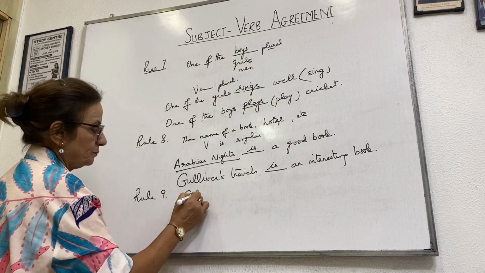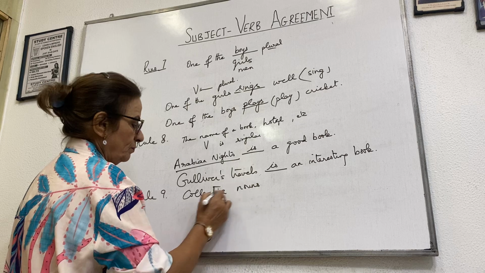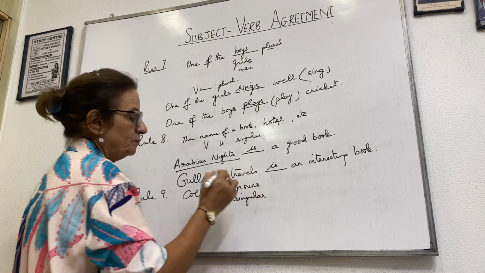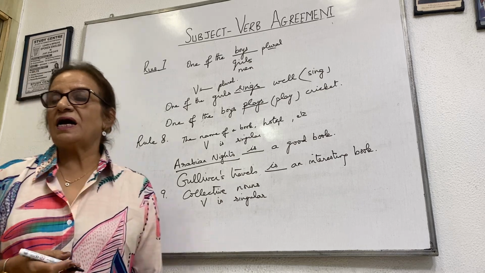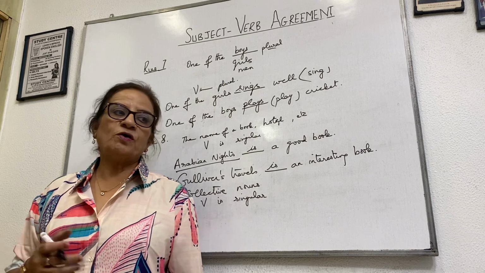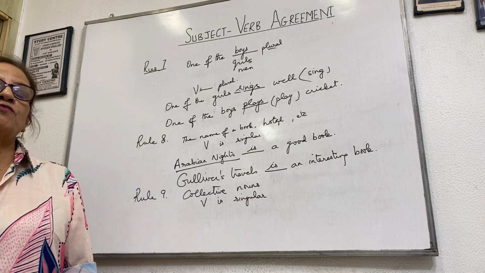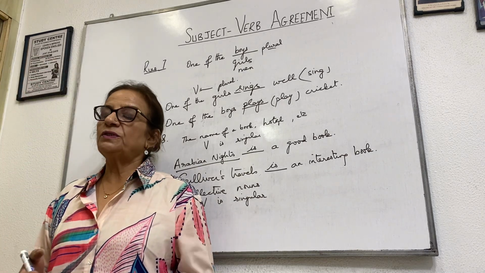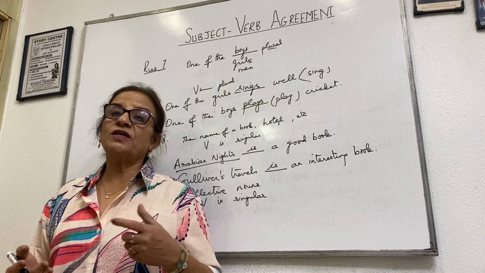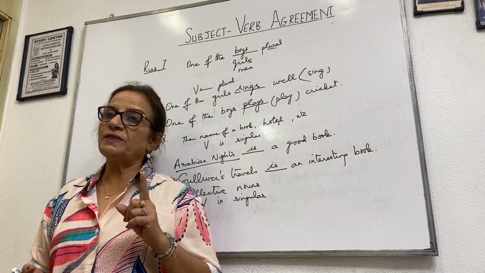Collective nouns. Collective nouns always take a singular verb. Verb is singular. I hope you know your collective nouns. A class of students, a flock of sheep, an army of soldiers, a bunch of keys, okay, a swarm of bees. These are all collective nouns. A bouquet of flowers, a string of pearls. Okay, so with the collective nouns, the verb is singular.